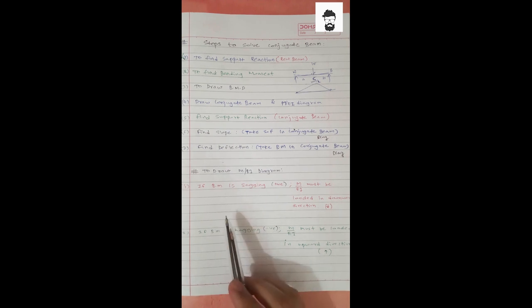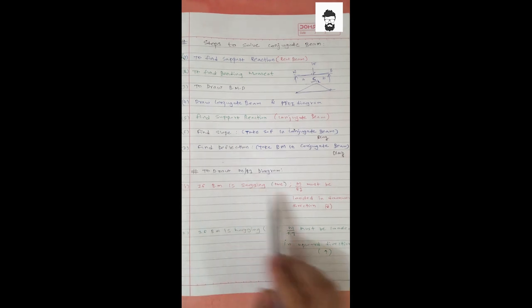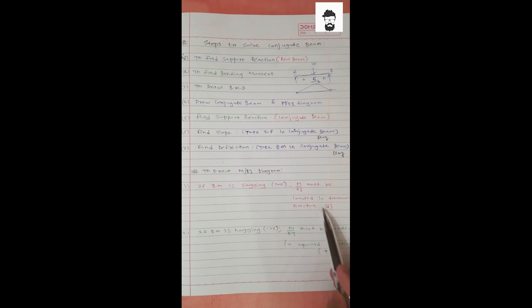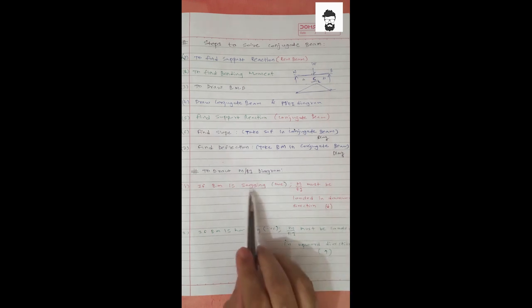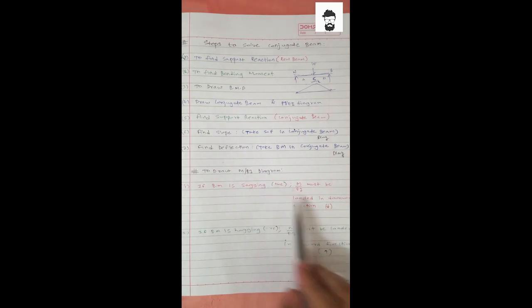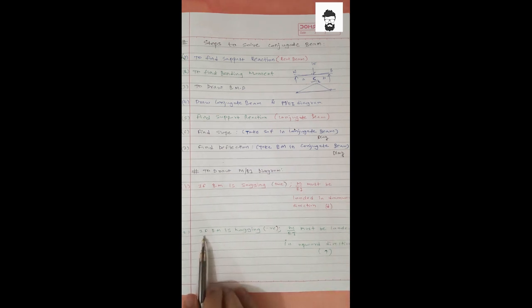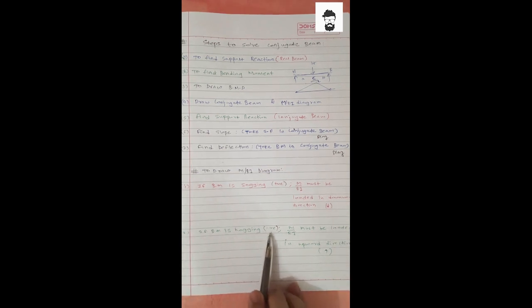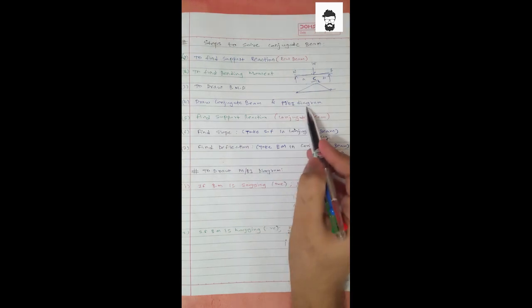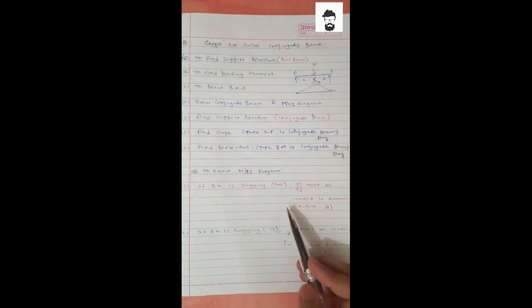So load needs to have a direction. So if bending moment is positive, M by EI diagram will be in downward direction. If bending moment is hogging, meaning negative bending moment, then M by EI diagram must be loaded in upward direction. So this was about how to draw M by EI diagram.